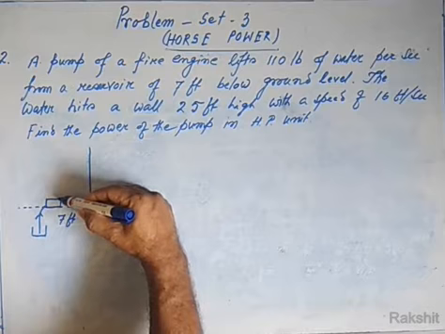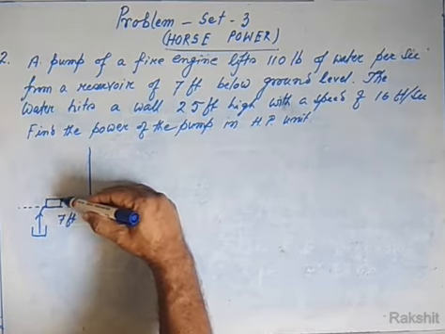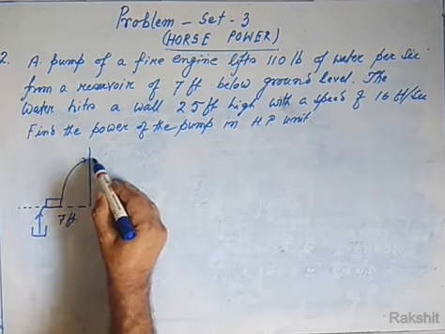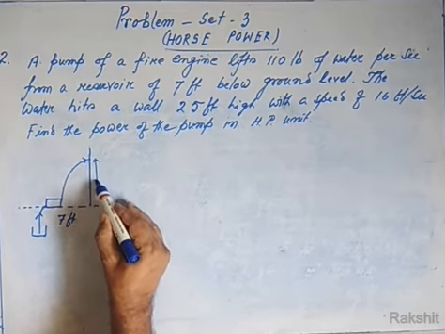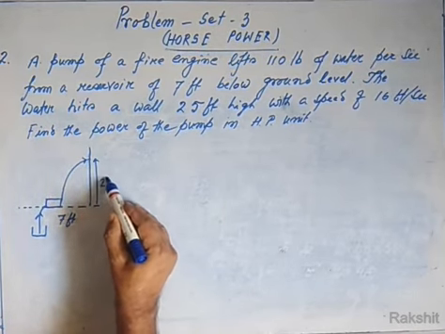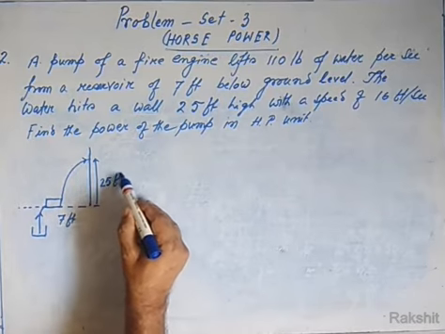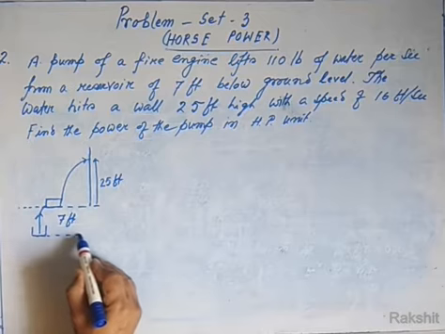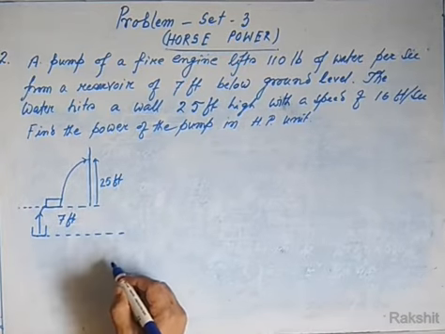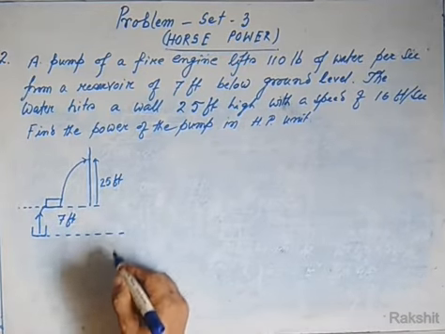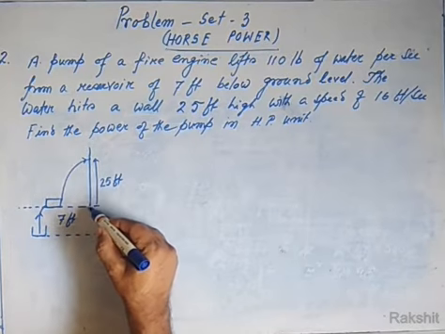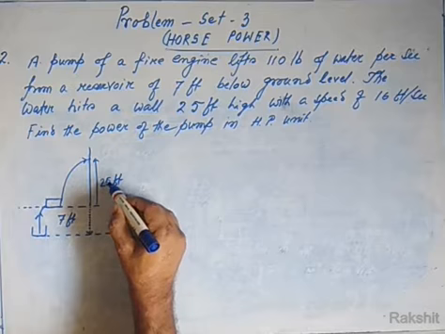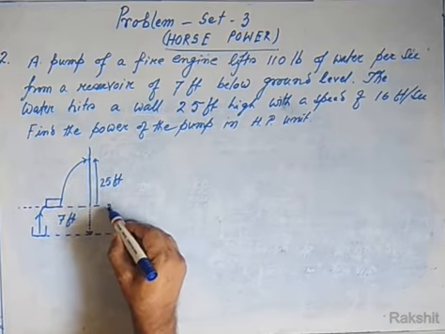The water from the pump hits the wall at a height of 25 feet from the ground. It is clear the water has been lifted to a height of 25 plus 7, so this is 32 feet.